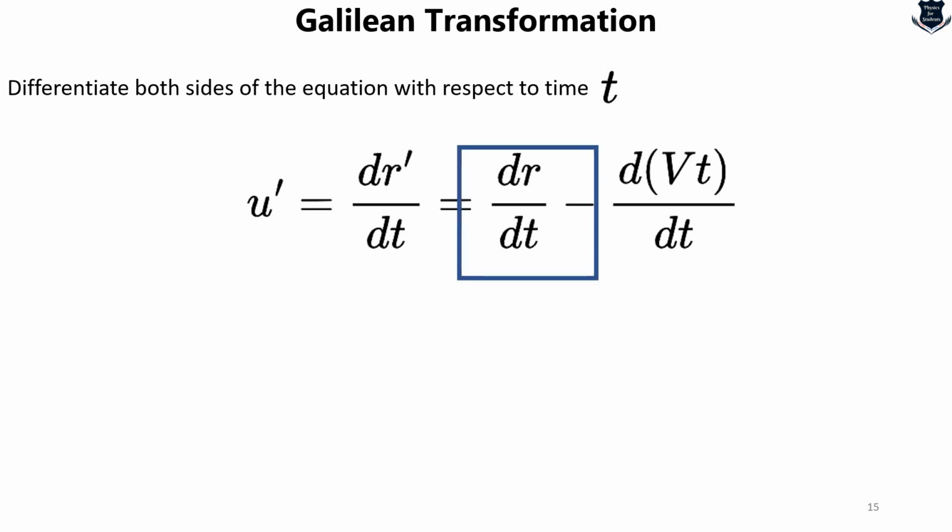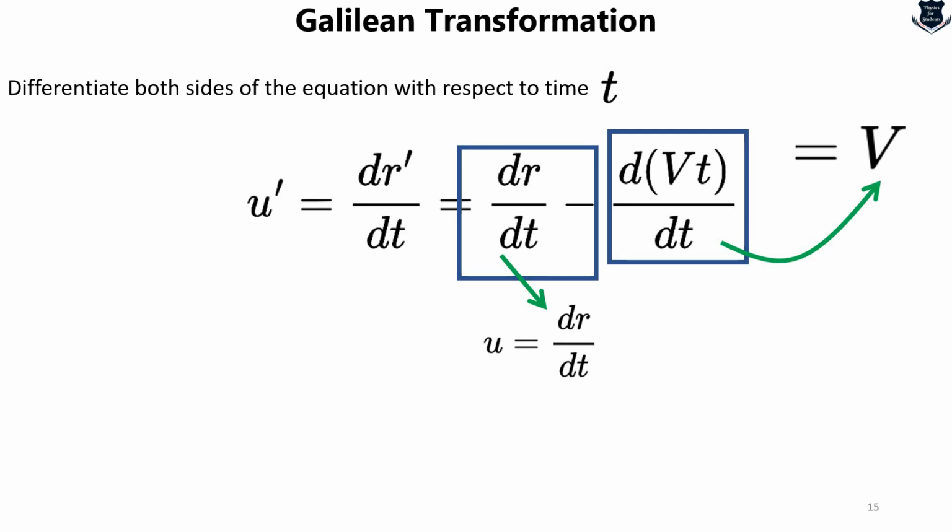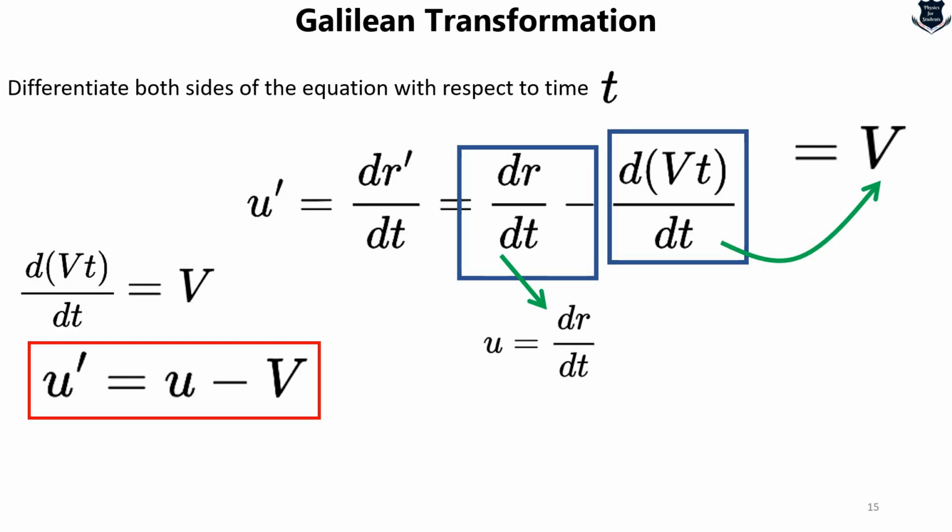Here, dr by dt is already equal to u. We know that. And this one is equal to v. So if you want to write this equation in a simple way, we can say dvt by dt equals v. Substituting the values, we get u prime equals u, the green arrow which is showing, minus v.